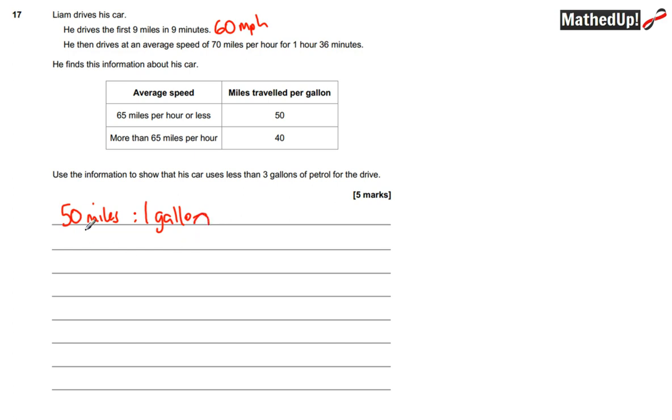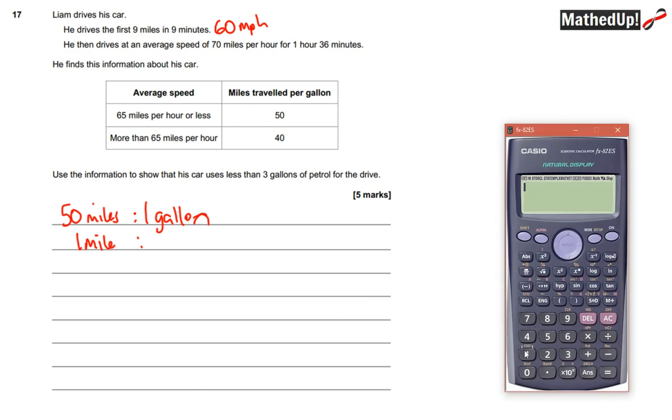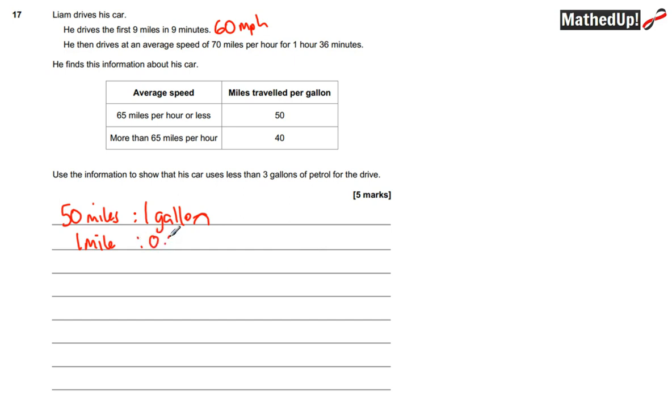Okay, so if I wanted to know what 1 mile would be, well, I've divided by 50 over here, so I need to do 1 divided by 50 to work out how many gallons that would be for 1 mile. And 1 divided by 50 is 0.02, so it would be 0.02 gallons.